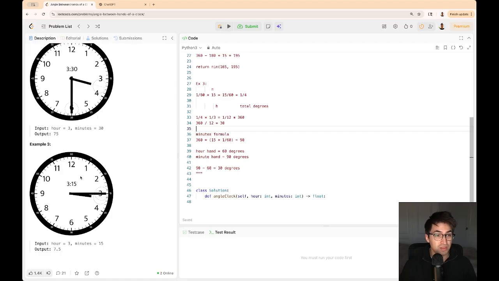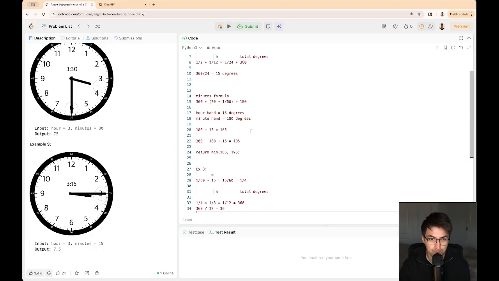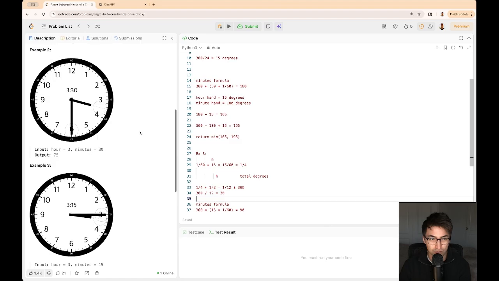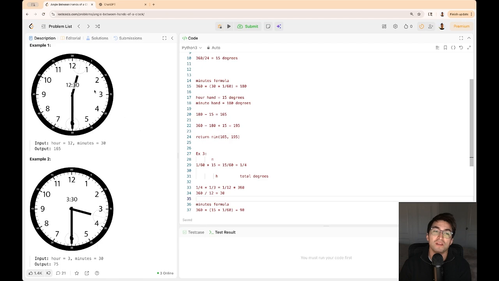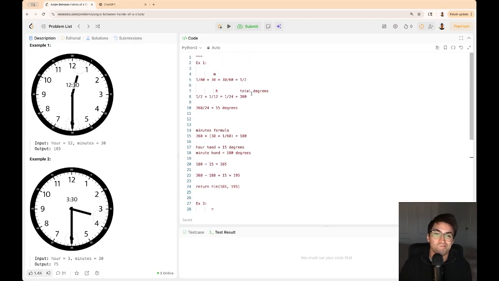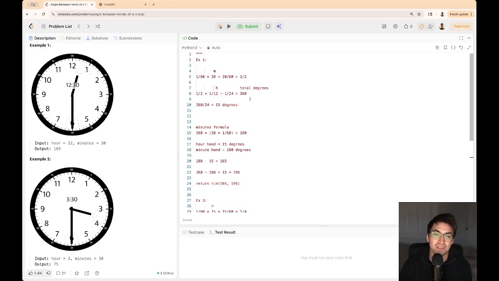1/4 of the 360 degrees is 90 degrees, and then we have to adjust for where the minutes are. And then this was 1/12 of the entire 360 degrees, which is, I still don't think that's right though. Which would be 30 degrees.